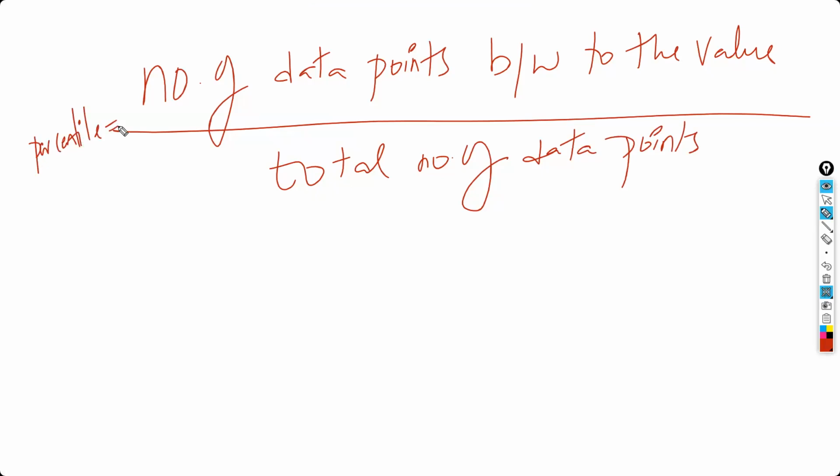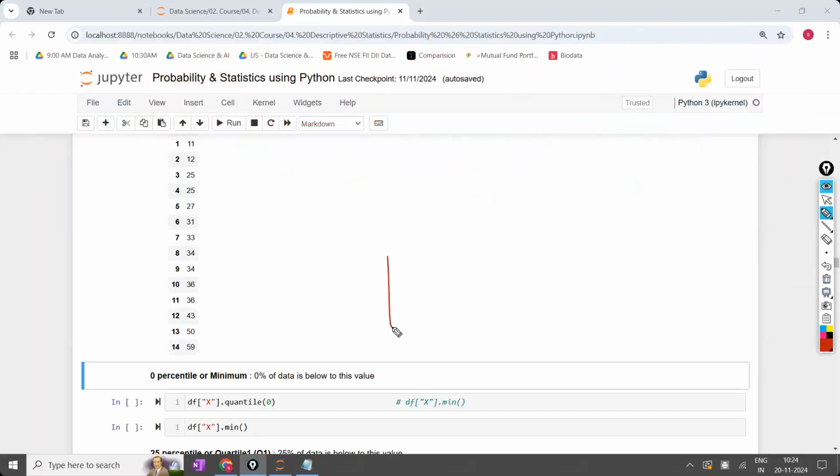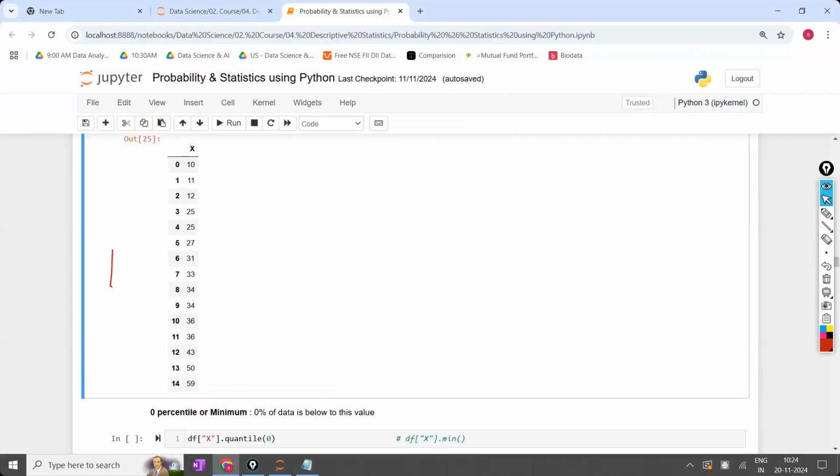So percentile is equal to number of data points below this value divided by total number of data points. Now here in this data set, total how many data points are there? 15 data points are there. Index starts from 0 to 14. Out of 15 data points, how many are below 10? 0 data points.